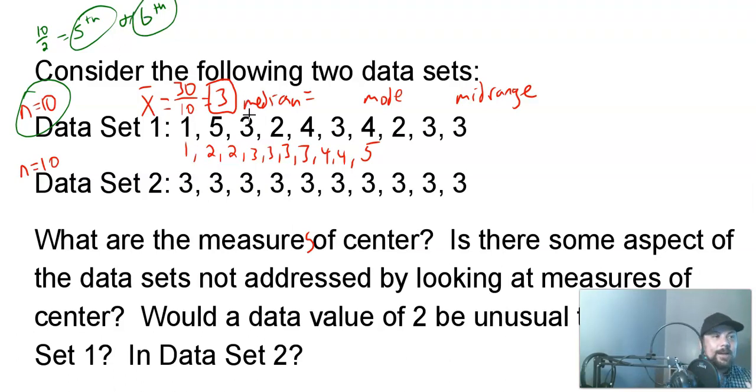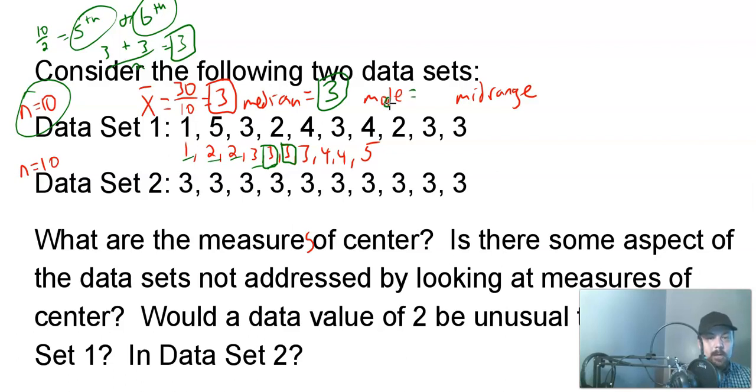So again, that's not very typical, even though it seems like every example I'm doing has that occurring. So here's the 5th one, here's the 6th one. They're both 3s. We add those together and divide by 2, and we again get 3. So the median is 3 for data set number 1.